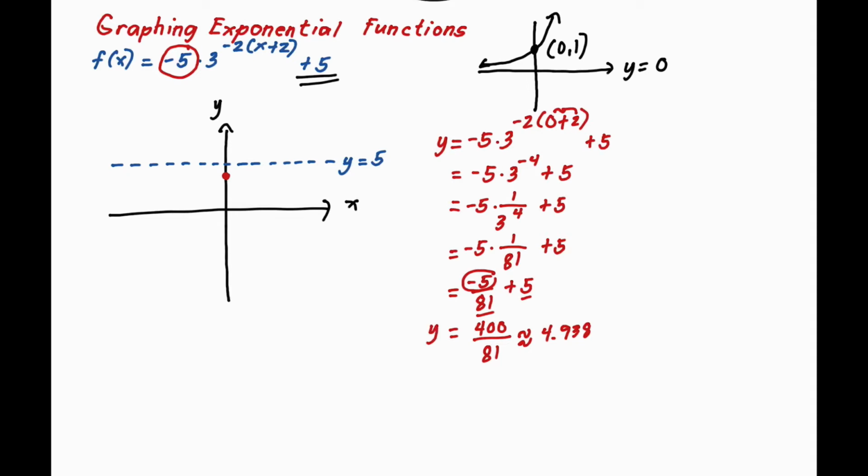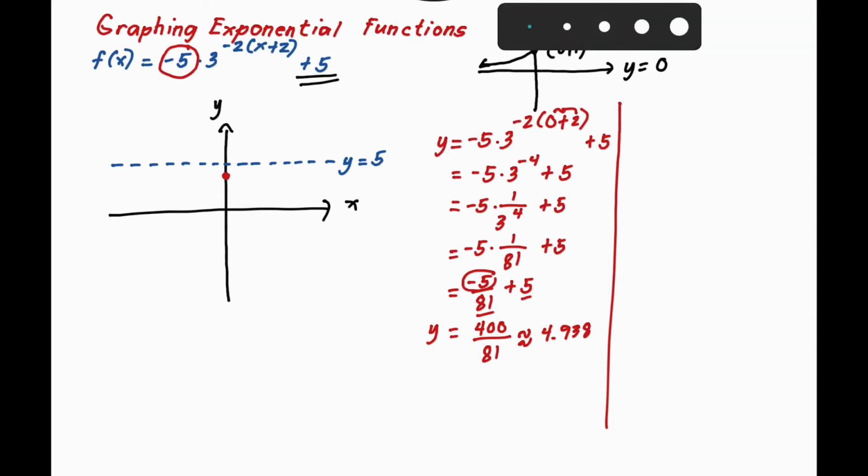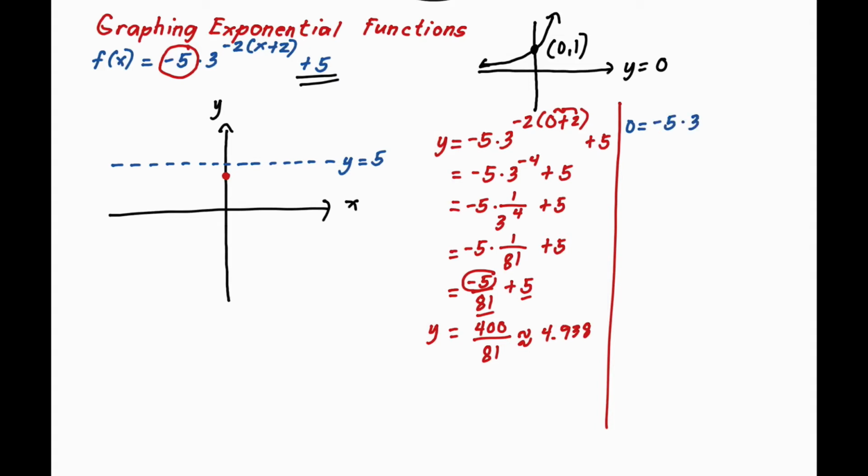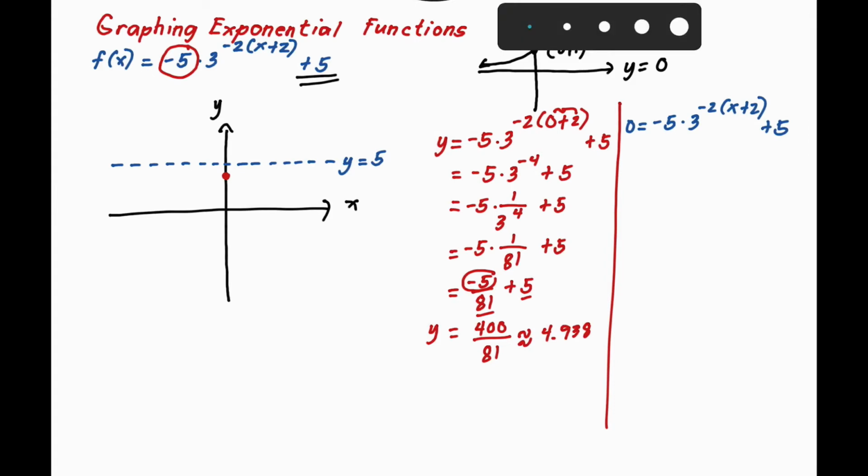What about your x-intercept? To find the x-intercept, we set y equal to 0. So 0 equals negative 5 times 3 to the negative 2 times x plus 2, plus 5. What we can do first is subtract 5 from both sides.